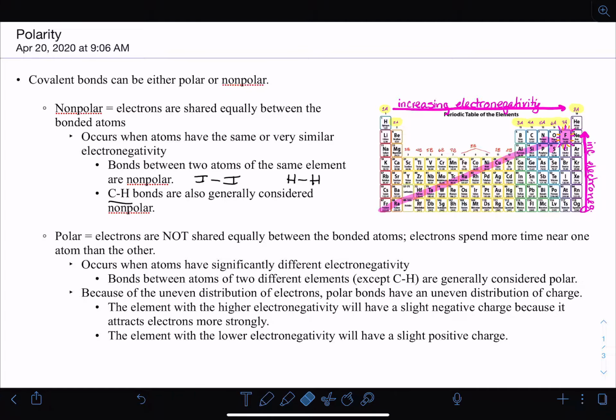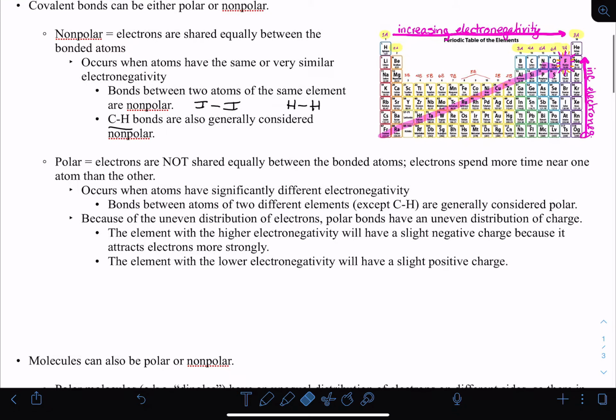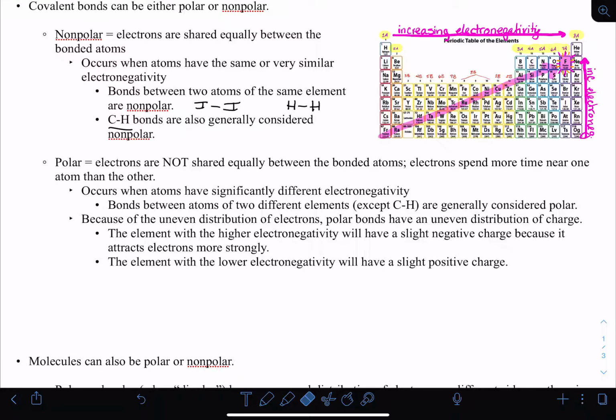Because of this uneven distribution of electrons, polar bonds have an uneven distribution of charge. The element with the higher electronegativity will have a slight negative charge. We indicate this idea of a slight negative using a lowercase Greek letter delta, which looks like this, and a negative sign, just meaning that it has a little bit of negative.